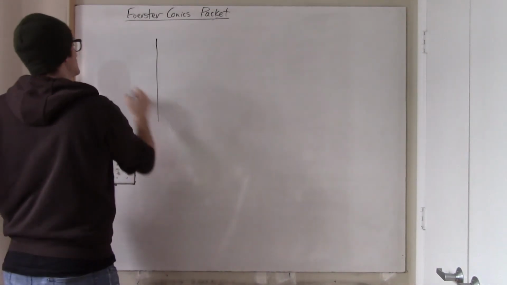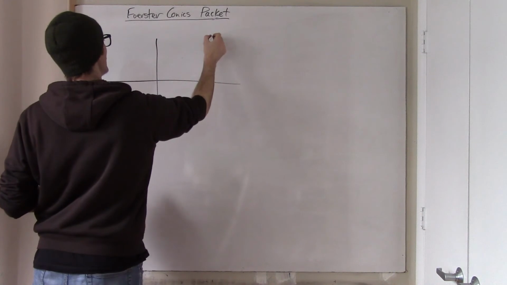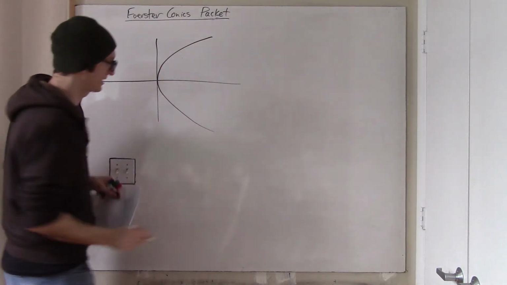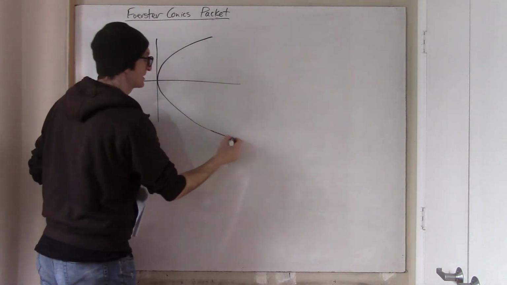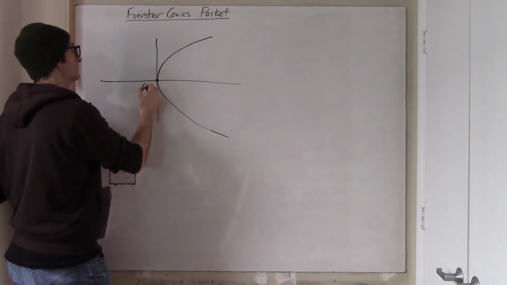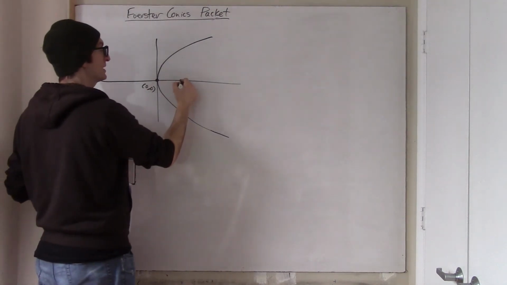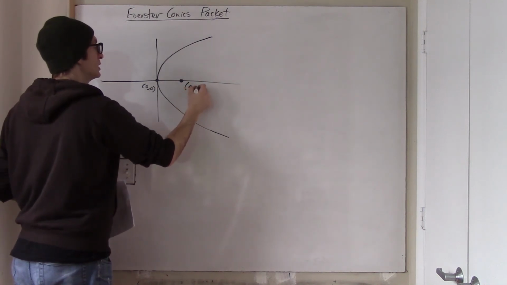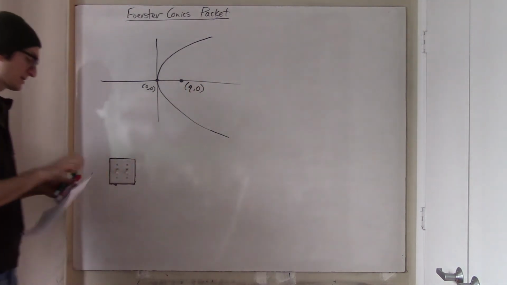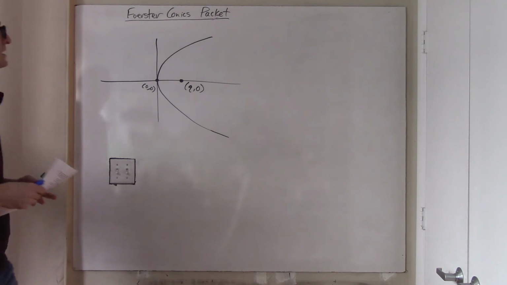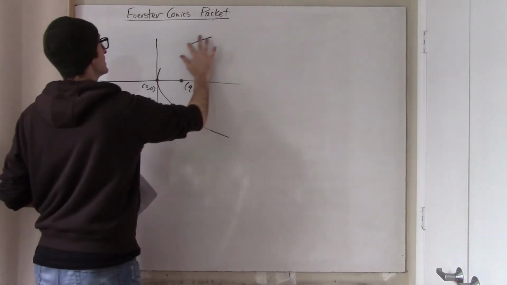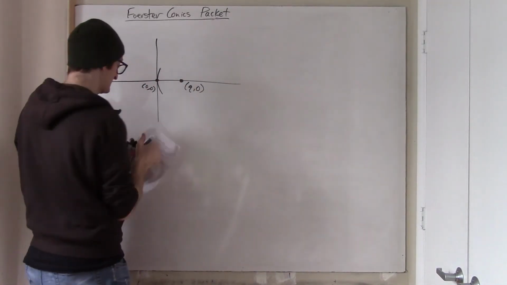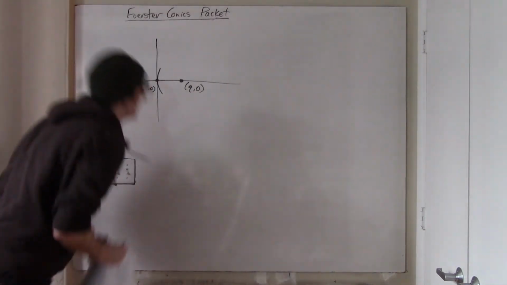If you give me a generic parabola, let the vertex be the origin, because, you know, why not? Then where will the focus be? Let's let it be Q away. It's kind of important that I draw the parabola accurately.